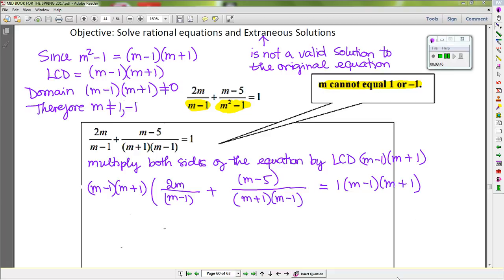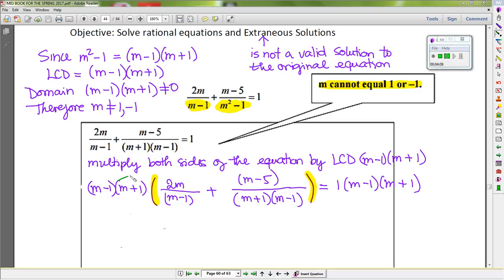I multiply the LCD to the left side and to the right side, and make sure to close the parentheses.